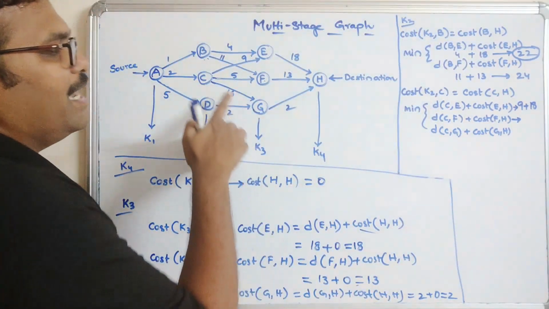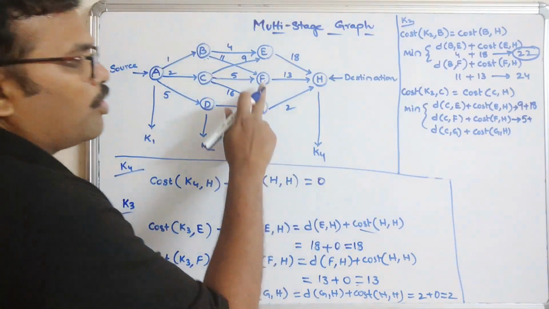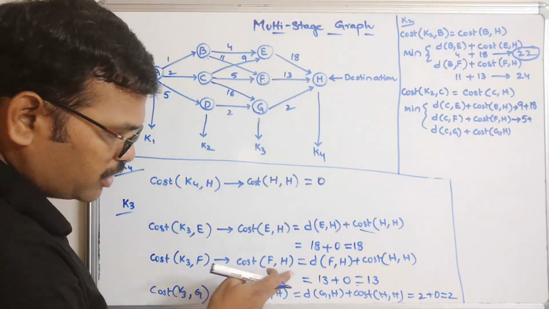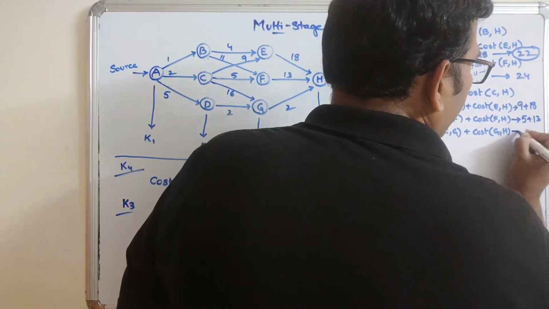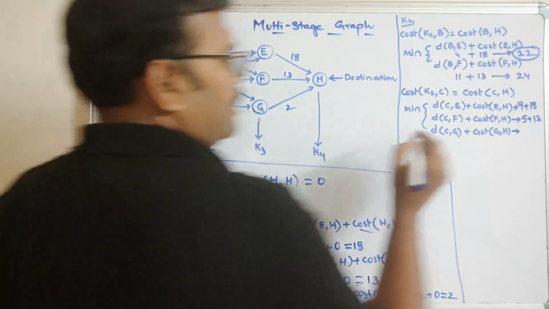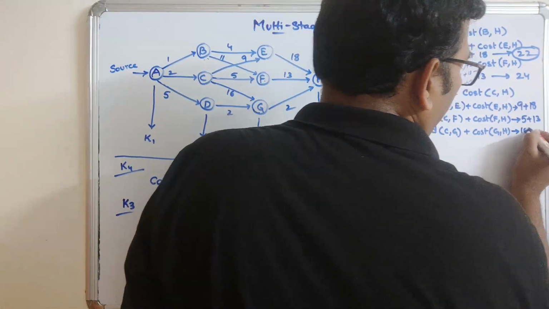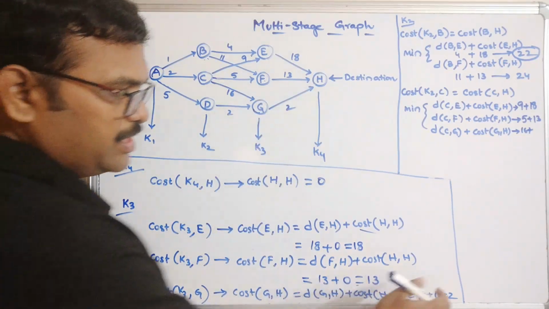And here C and F, it's 5 plus cost of FH, already calculated, which is 13. Next, D of CG, CG it's 16 plus cost of GH, which is 2.